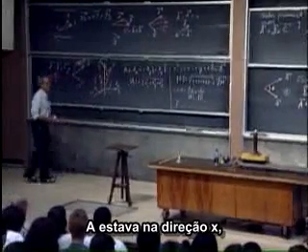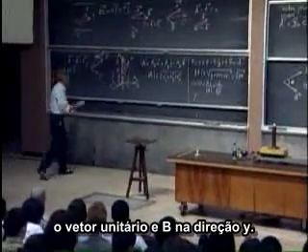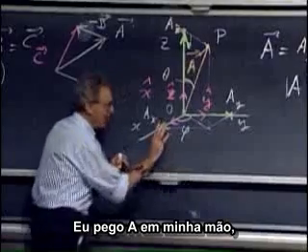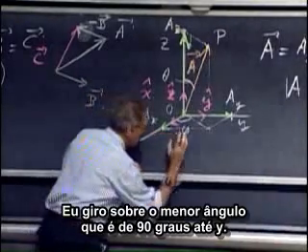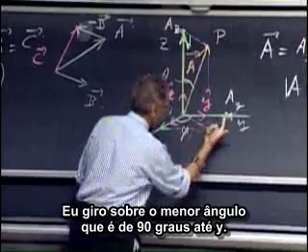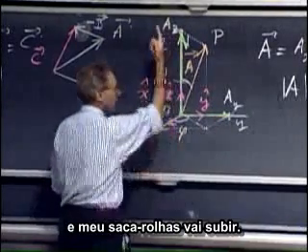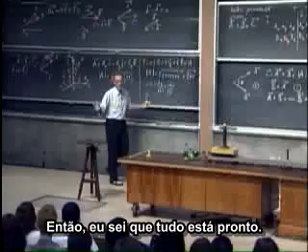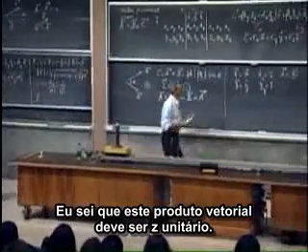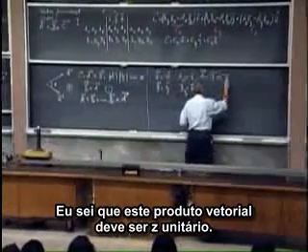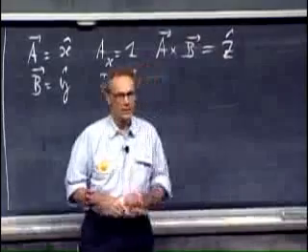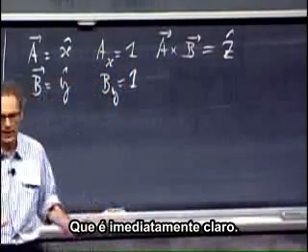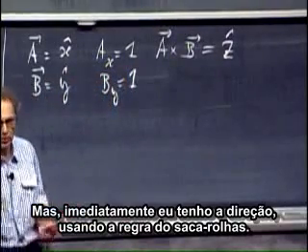A was in the x direction, the unit vector, and B in the y direction. I take A in my hand, I rotate over the smallest angle, which is 90 degrees, to y, and my corkscrew will go up. So I know the whole thing already. I know that this cross product must be z roof. The magnitude must be 1, that's immediately clear, but I immediately have the direction by using the corkscrew rule.